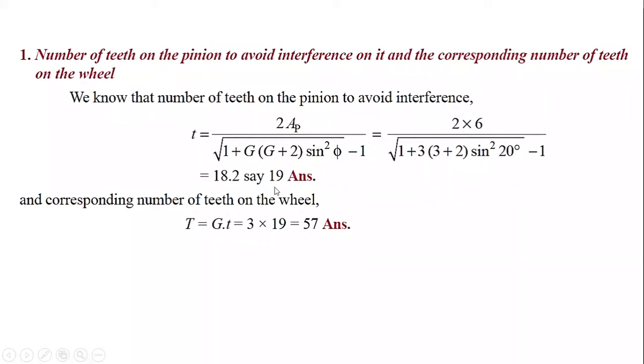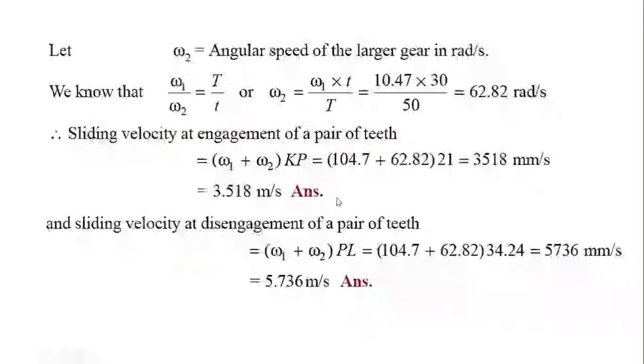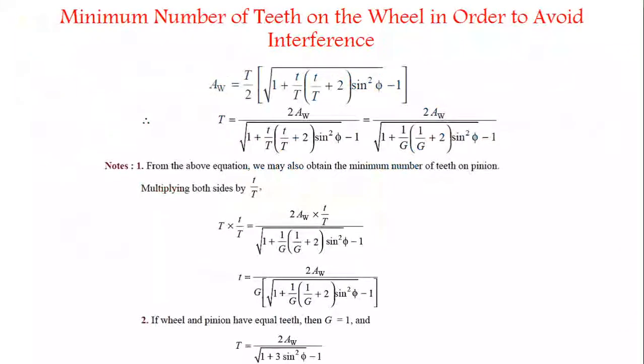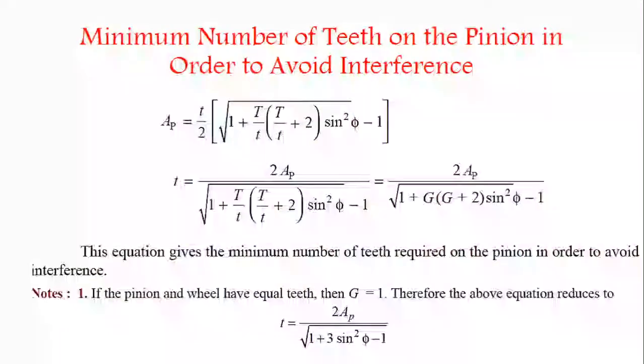This formula we already discussed. Using this formula: 2ap divided by (square root of 1 plus capital G into (G plus 2) sin squared phi, minus 1). Using this equation, we will find the value of small t.